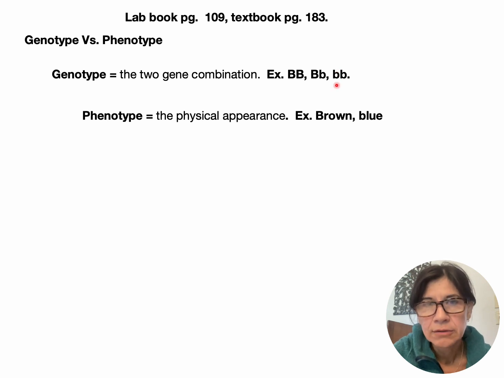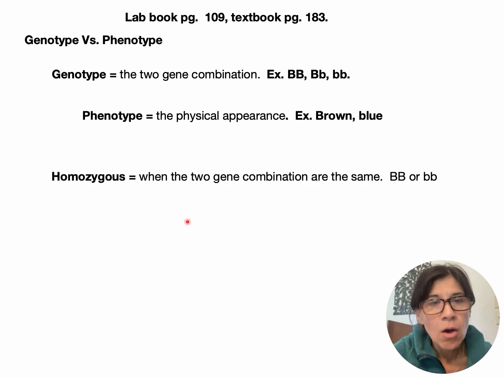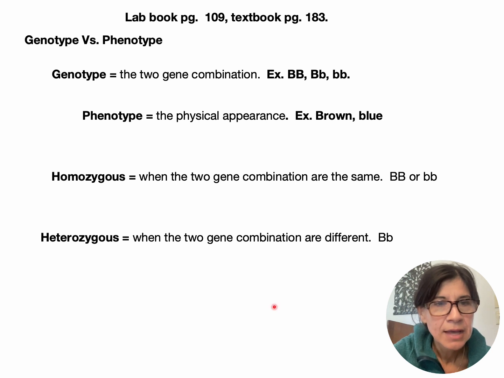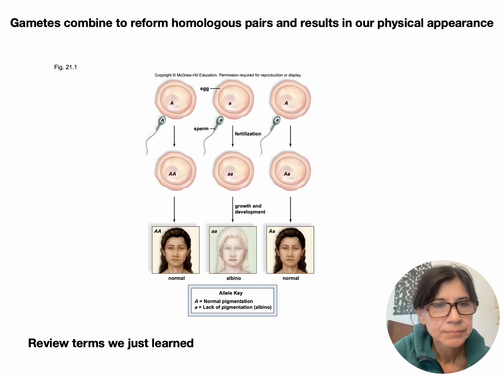And only little b, little b would produce a blue-eyed physical characteristic. Homozygous refers to when the genotype is the same. Homo means same. So big B, big B or little b, little b would be homozygous. Heterozygous is when the 2 gene combination is different. Big B, little b.